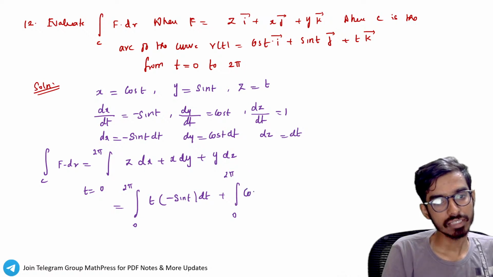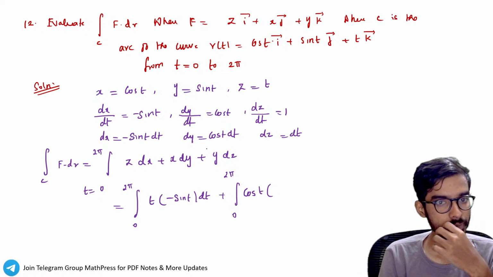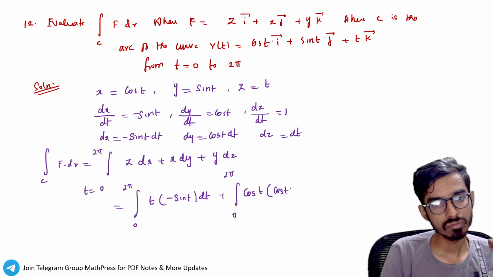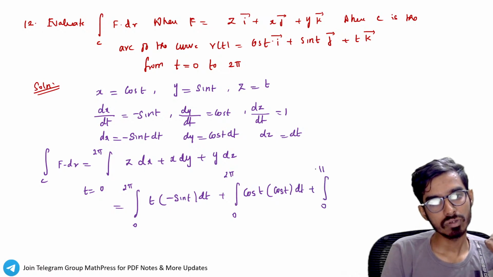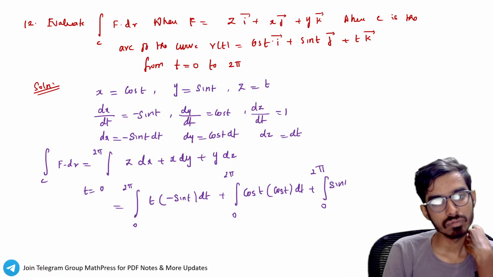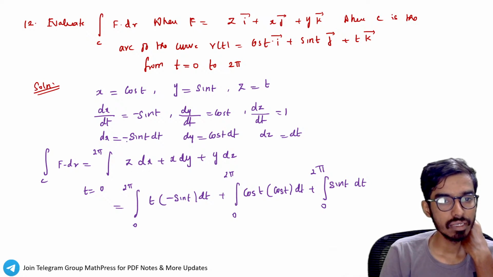So x is cos t, dy is cos t dt, plus integral over 0 to 2 pi of y dz. So y is sin t, dz is dt, right?